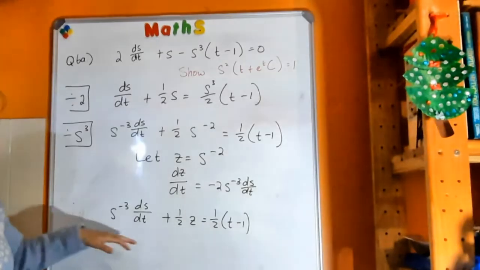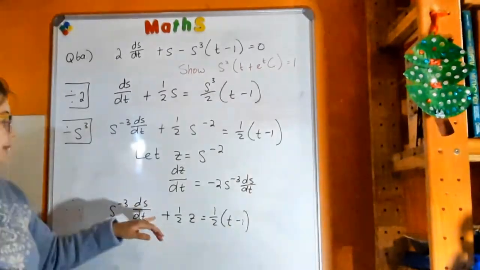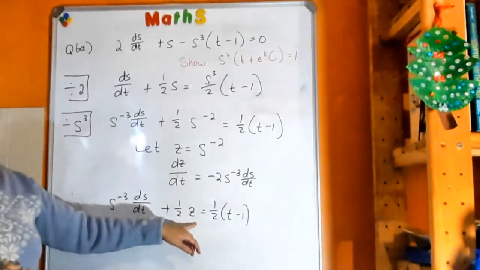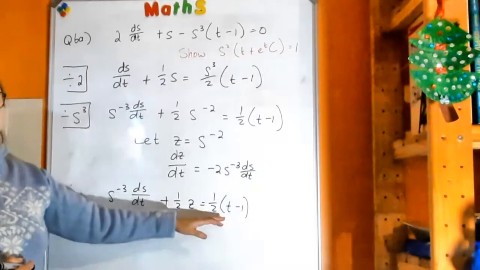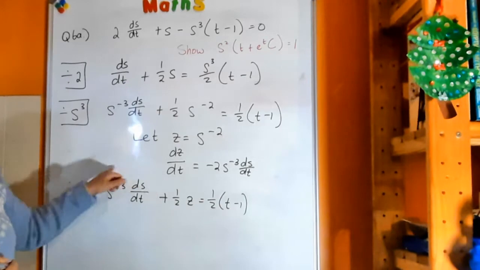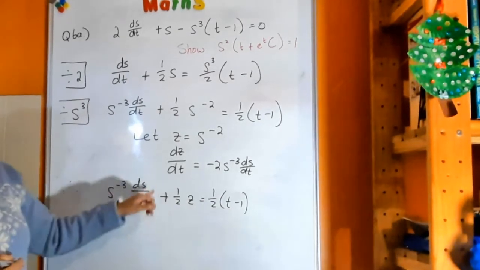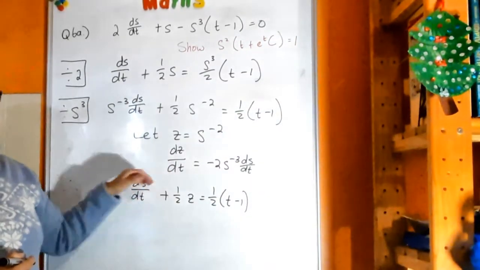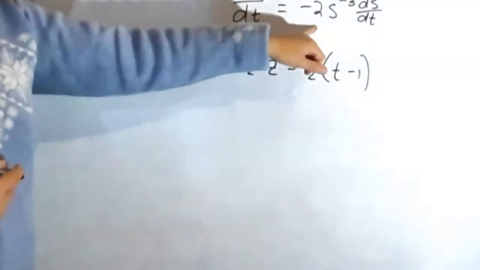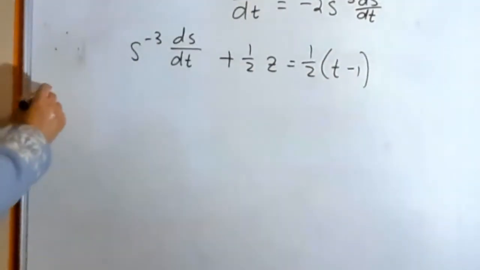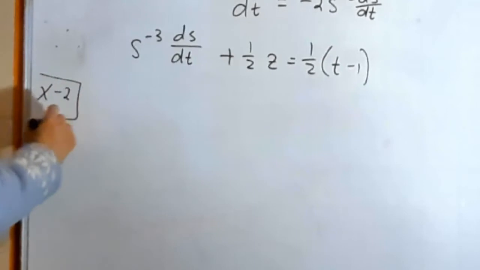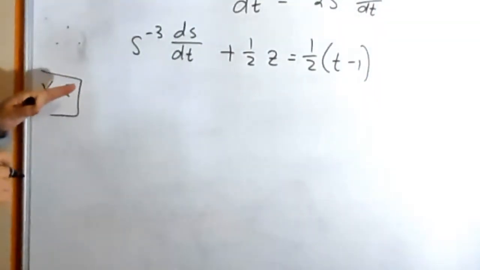The problem you have here again is that you have 1, 2, 3 different variables which you can't work with. But if you look at the first term, it's very close to what dz dt is. The only difference here is the minus 2. So I'm going to say multiply by minus 2. You can introduce it because minus 2 is just a constant.